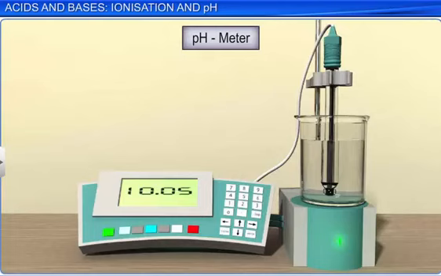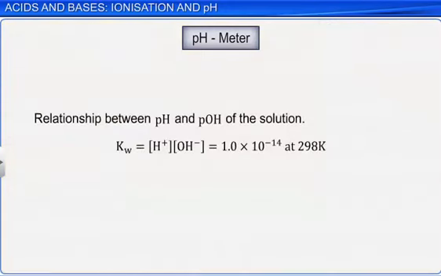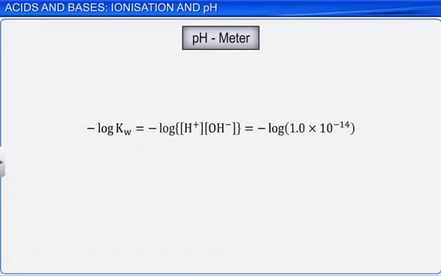As we saw earlier, the ionic product of water at 298 Kelvin is equal to the product of the concentrations of H+ and OH- ions, which is equal to 1 × 10^-14. On taking the negative logarithm on both sides of the equation, we get negative log of Kw is equal to negative log of the product of H+ and OH- ion concentrations, which is equal to negative log of 1 × 10^-14.